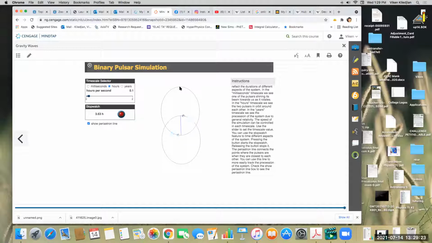Okay, so now this is half a cycle. You see? So you wait till it makes a complete cycle now. This is an actual pulsar, I believe, that they're giving us an example for. The period of the pulsar was about 60 milliseconds, and it's a binary pair. They're going around every several hours.